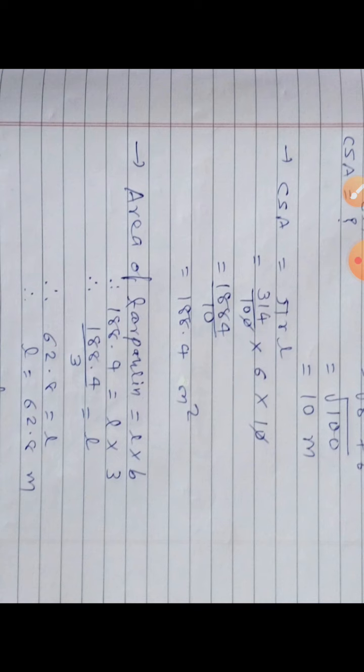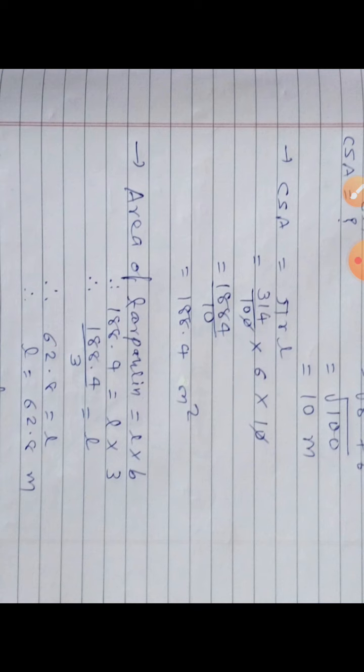Understand here how we go from the first part to the second part. The area of CSA is compared with the area of rectangle. Why? Because we are going to get the piece in rectangular form. That's why. So L becomes 62.8 meter, but that is not our answer.